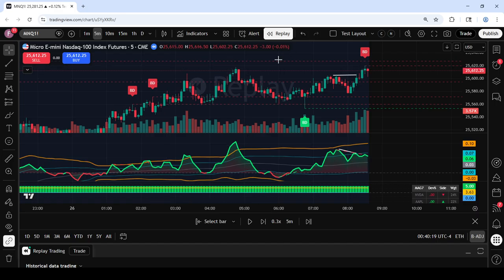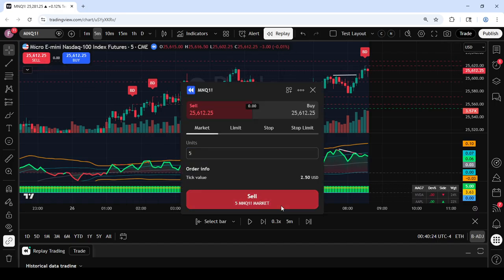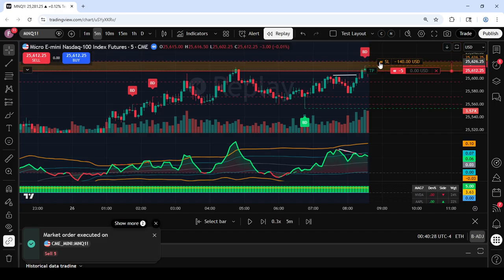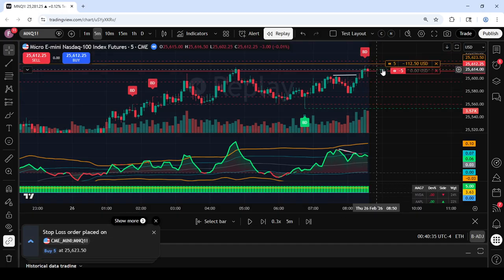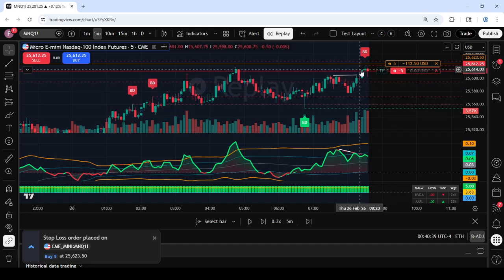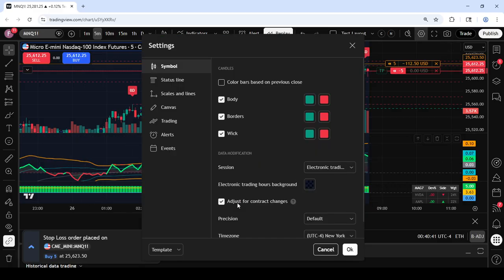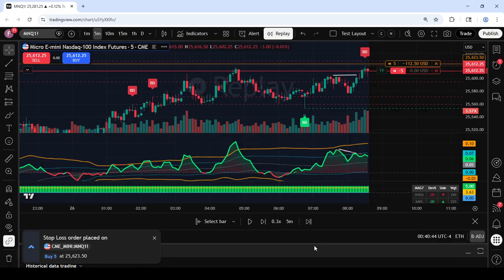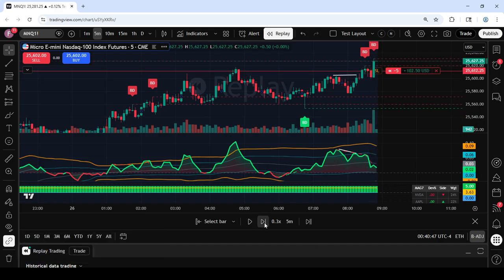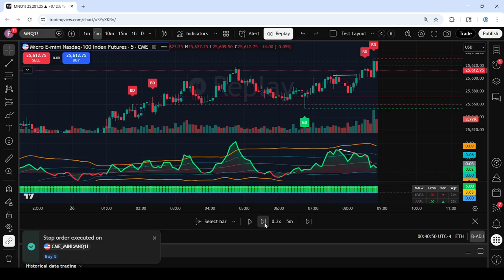We're going to take it again. Just take it again. This one has a better stop limit anyway. Then step forward. Let's see. Taking it again.